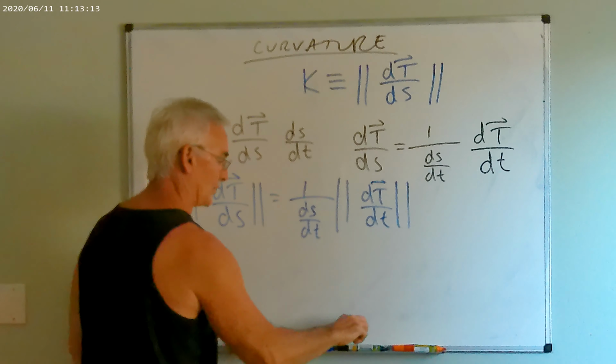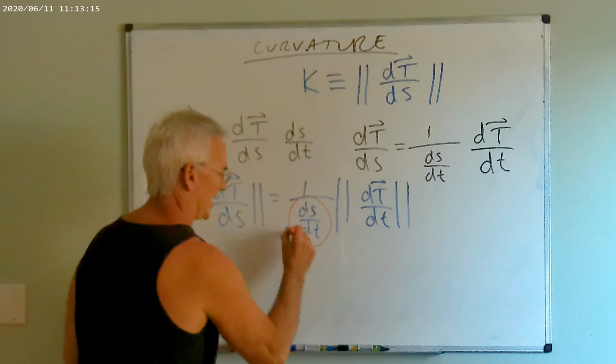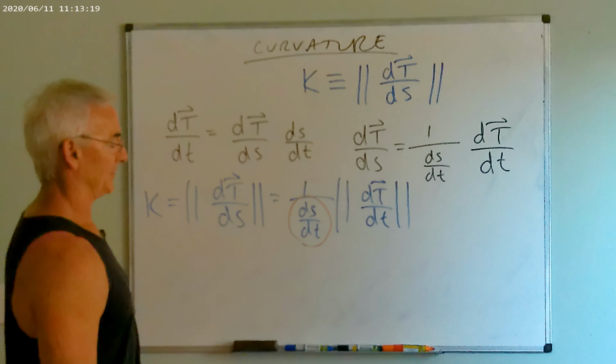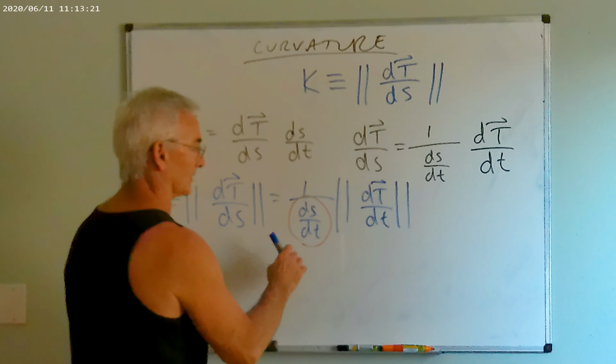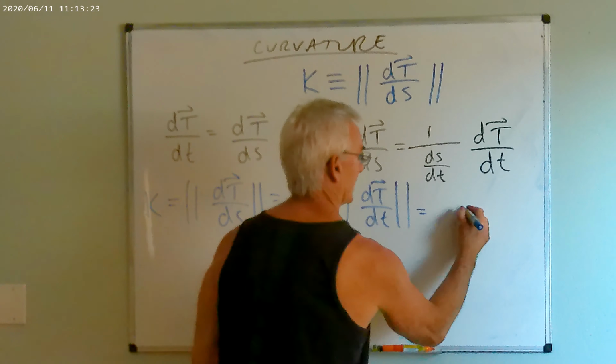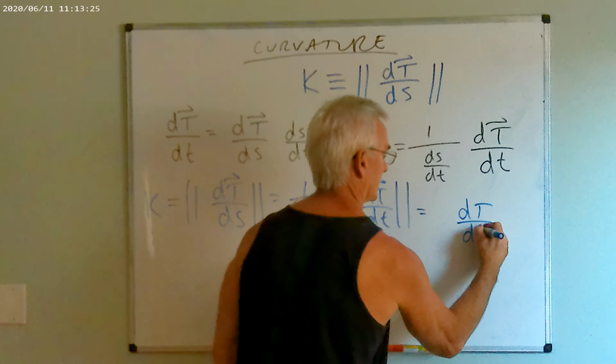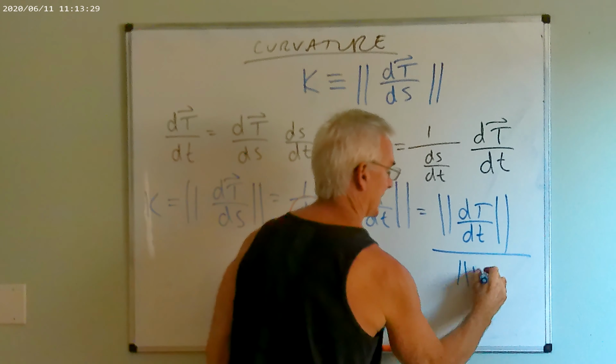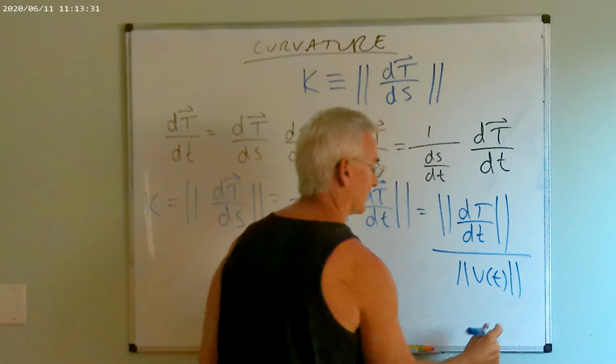Now, hopefully you've noticed this guy right here we've also shown is the magnitude of the velocity vector. So very conveniently we can also write this as the magnitude of dT/dt over the magnitude of the velocity vector.